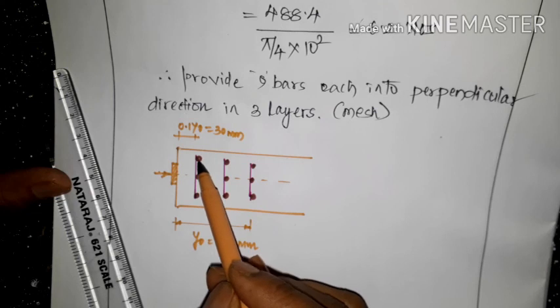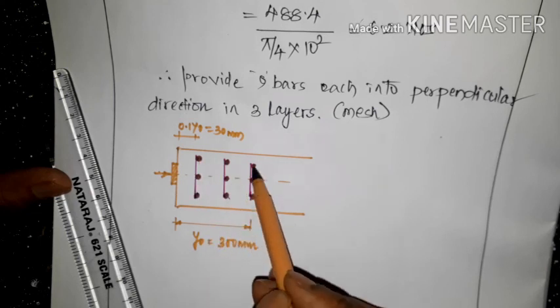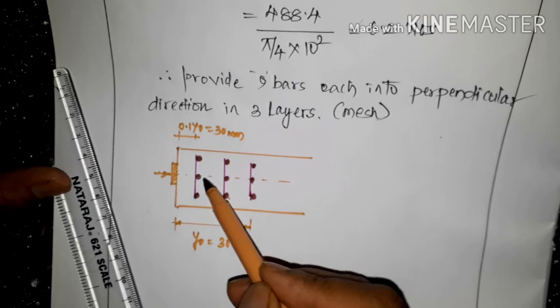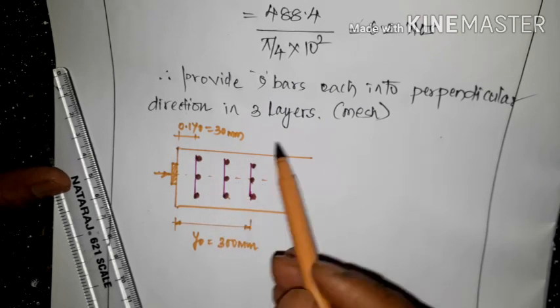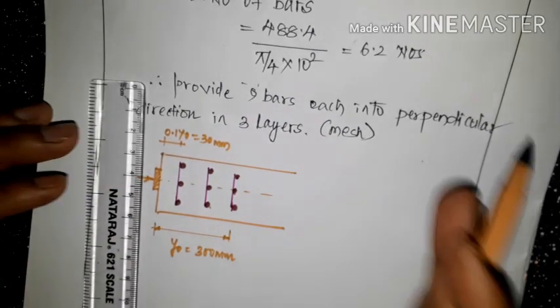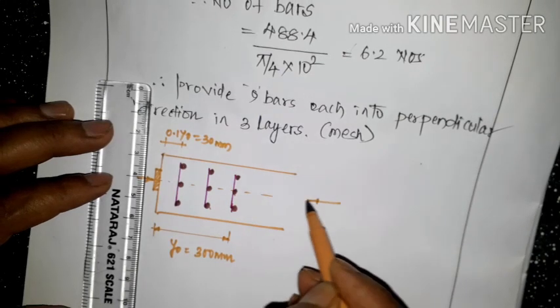So what will happen here? How are the 9 bars here? 1, 2, 3, 1, 2, 3, 1, 2, 3. So how many? 9 bars. So here verticals 1, then another 2 bars behind this bar. Behind this vertical bar there are another 2 bars. So 3, 3, 3. If you want to see in the plan, if you look from this side, how it looks.